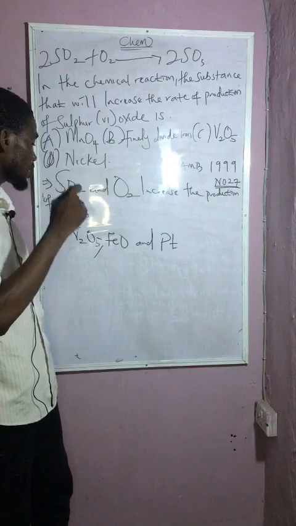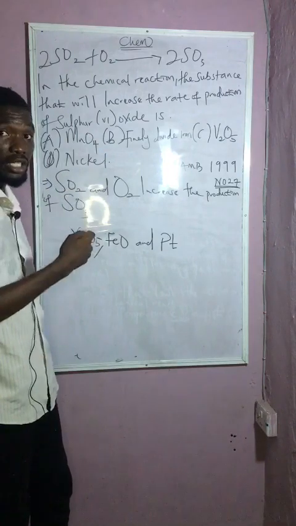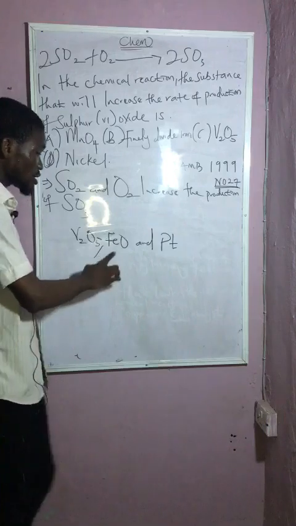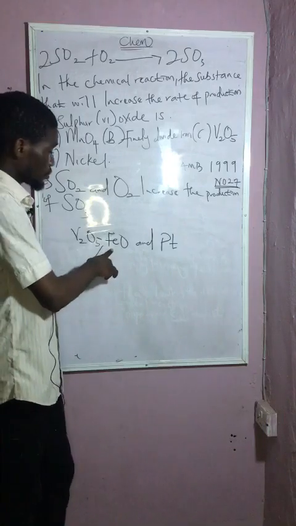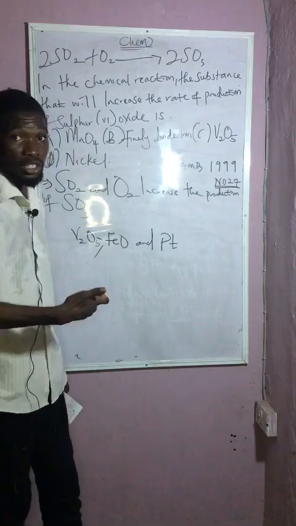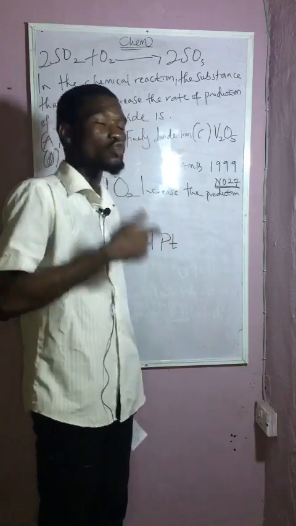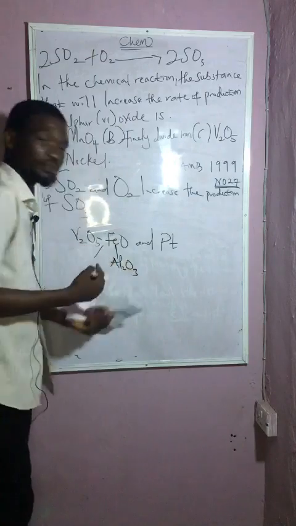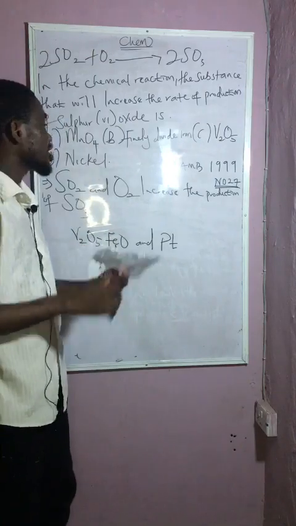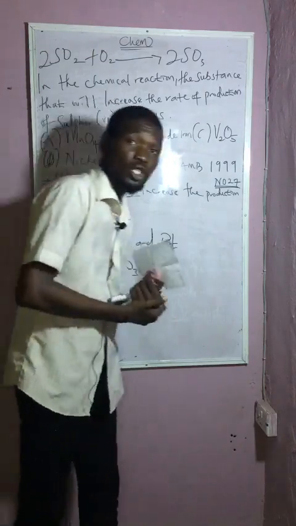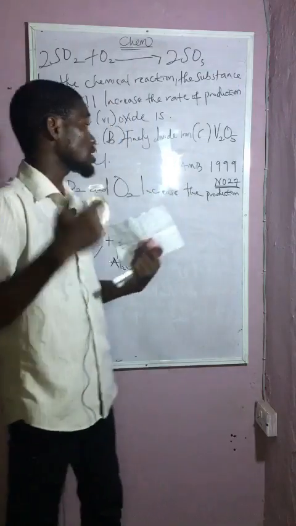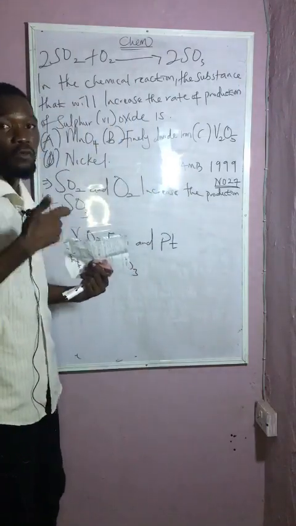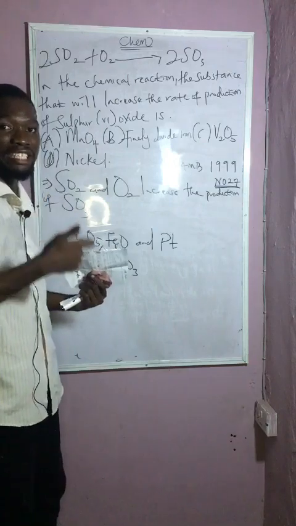The first one is the Haber process for the manufacture of ammonia. Here iron 2 is employed, that is, iron 2 is the catalyst, while the promoter is aluminium oxide. Take note of that. But in the contact process of manufacture of sulfuric acid, it is platinum, or vanadium 5 oxide is the catalyst.